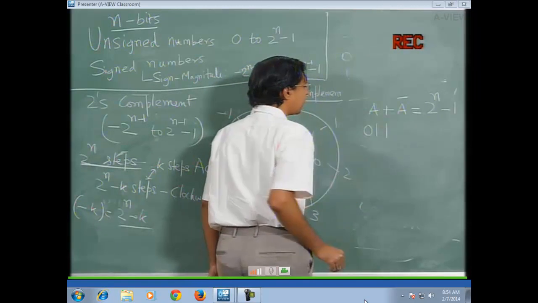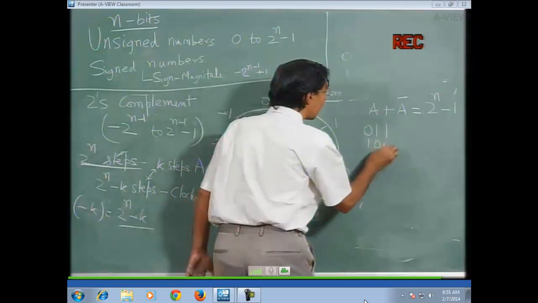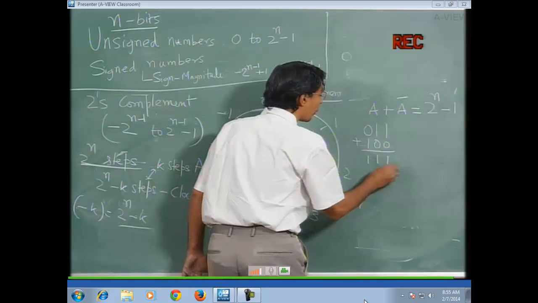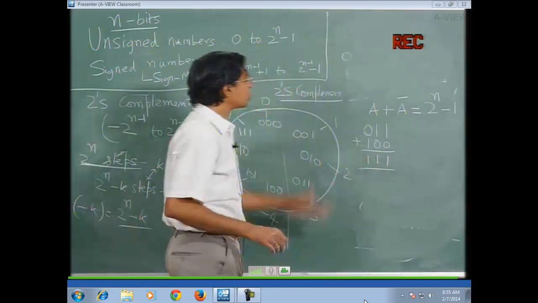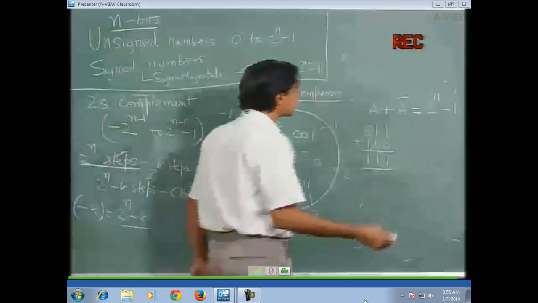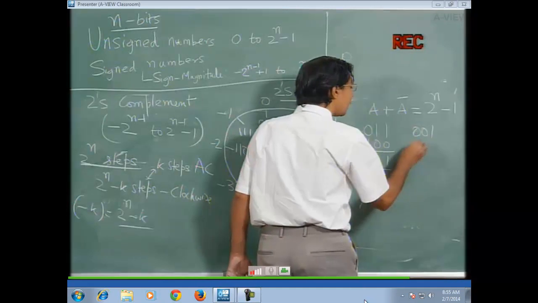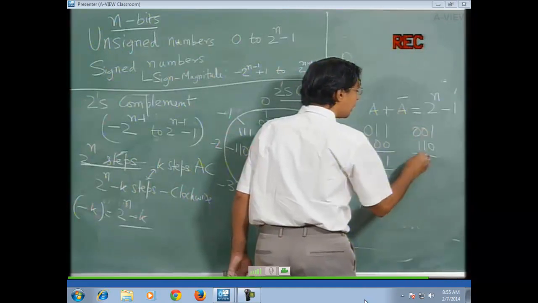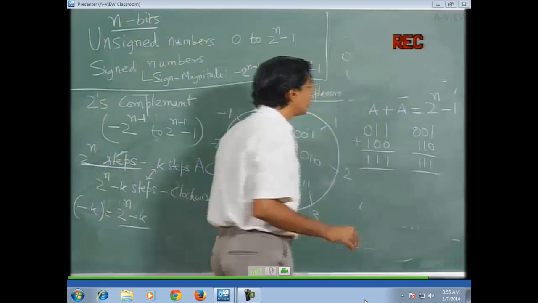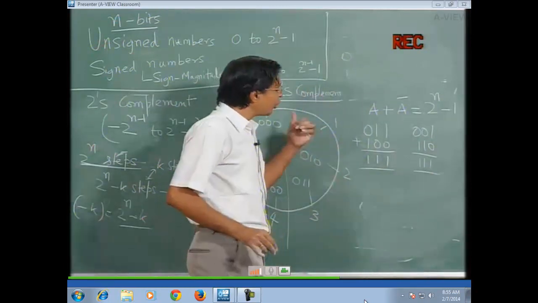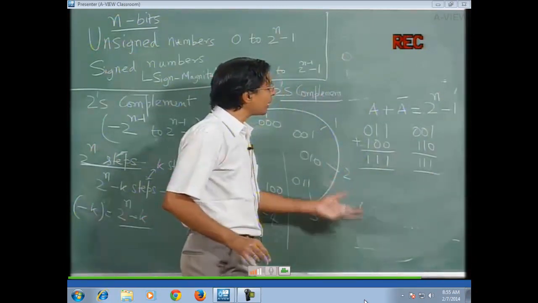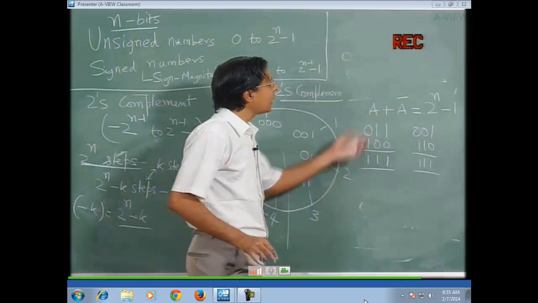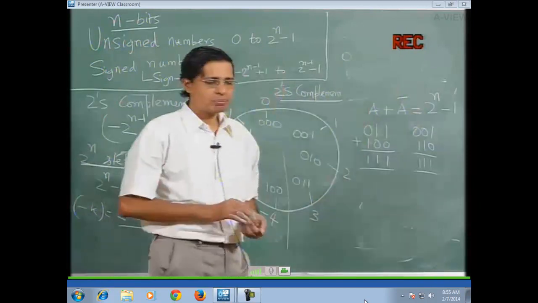I complement every bit, 1 0 0. I add them, I get 1 1 1, which is 7, which is 2 power 3 minus 1. Let us take another number, 1. I complement every bit and I add. So if you take any number, complement every bit and then add, I get 2 power n minus 1.